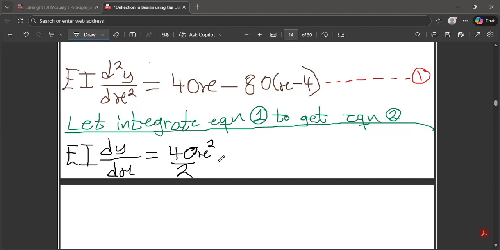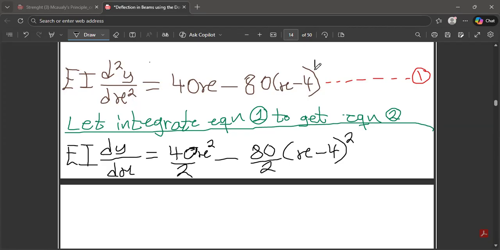So after this, we have to do the other one too. The integral of this is going to look like 80 all divided by 2 times x minus 4, all into brackets, exponent of 2.